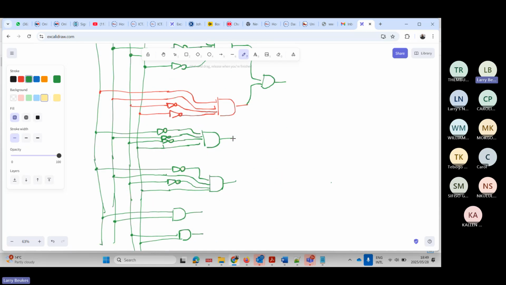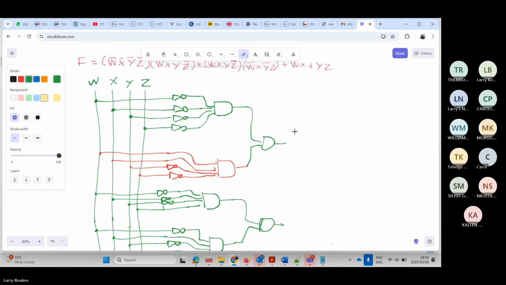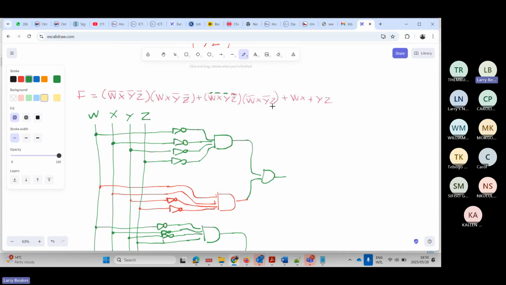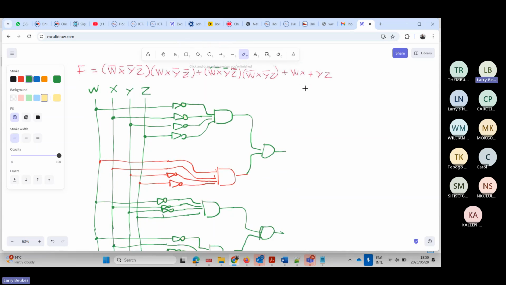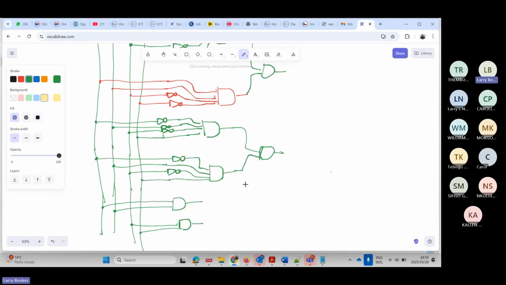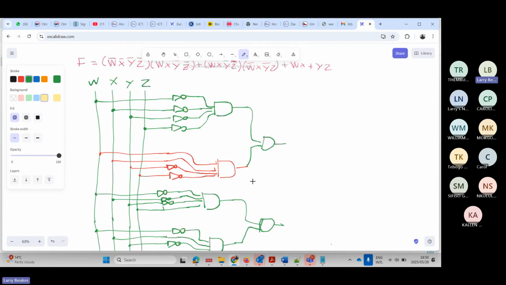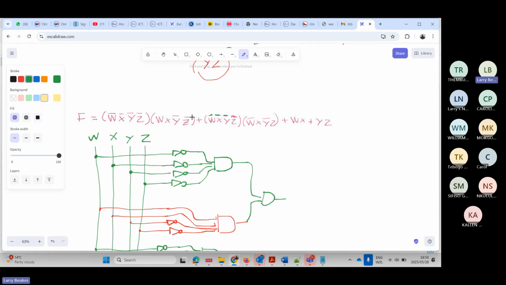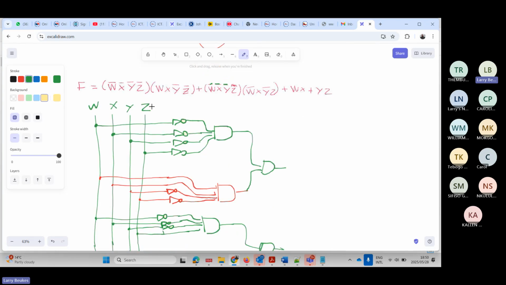So we just take in this 2 into an AND gate. Okay, so we took this 2. Now we have your WX. Here's our WX, and then your YZ. Okay. So now let's do it properly.